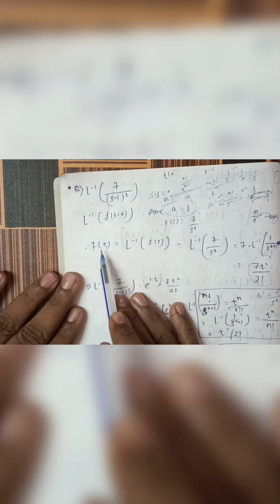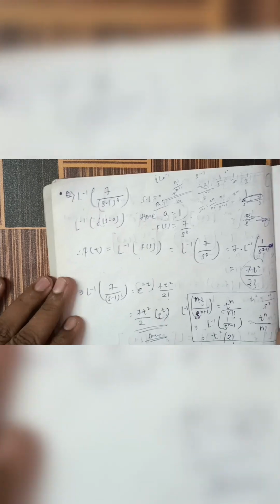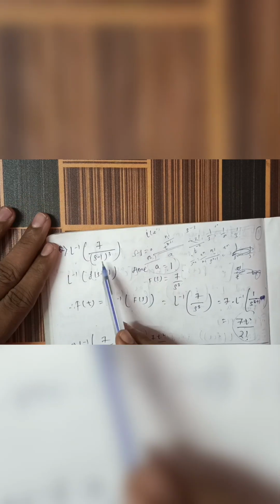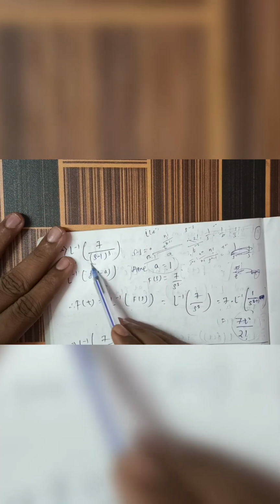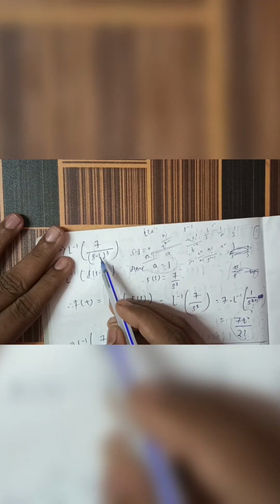Now see, what is the f of t? It is Laplace inverse of F of s. So what is F of s? It is in the form of s minus a, that is s minus 1, so a is 1.